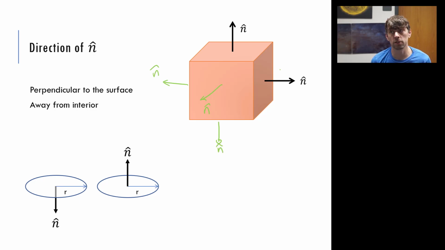Shouldn't be much of a surprise. If you would like to find the total flux through that surface, you will be required to look at each individual n hat.